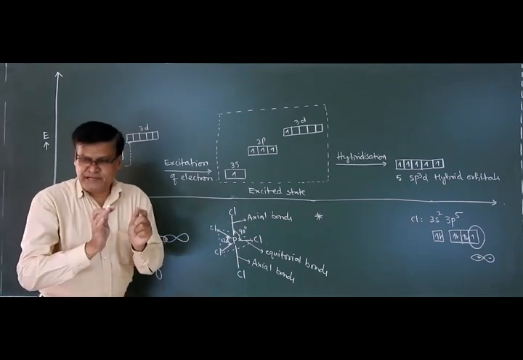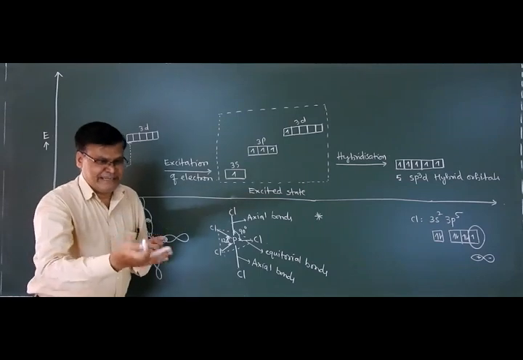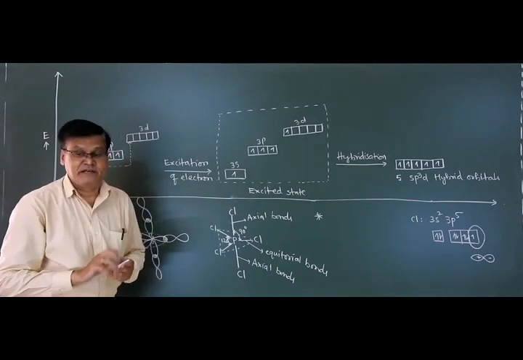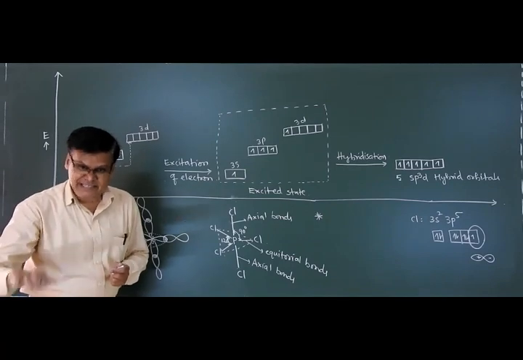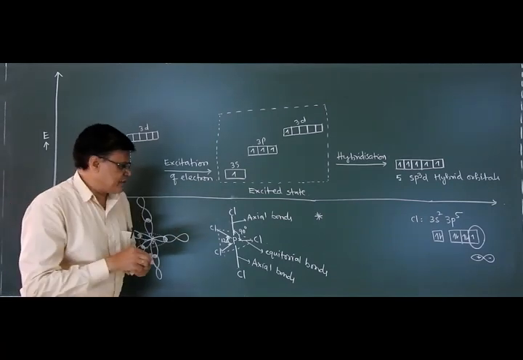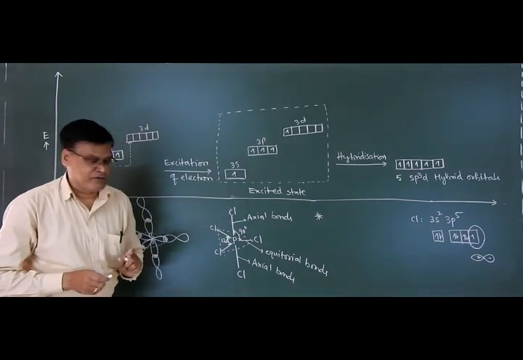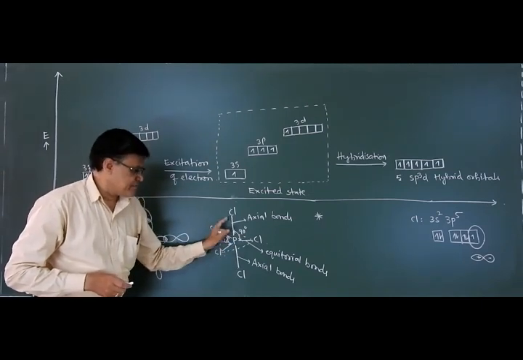Therefore, when repulsion takes place, energy will be created. This means the molecule will be less stable, more reactive. Therefore, PCl5 is more reactive. Two types of bonds are present here.